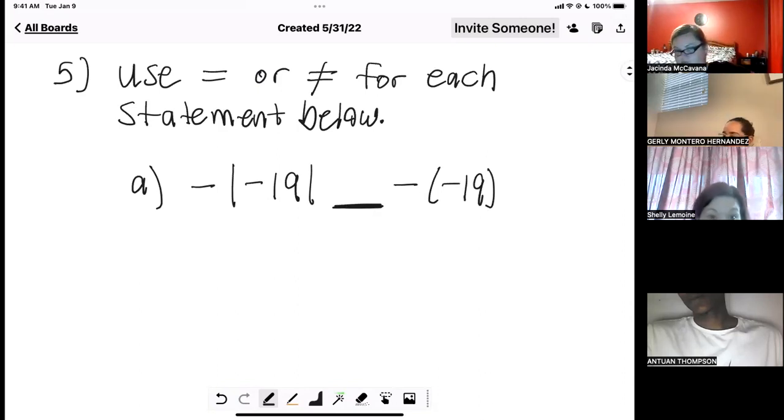I'm going to put a line in between for whatever the equal or not equal to goes. That's A. Drop down A, and then B. There's only 2.